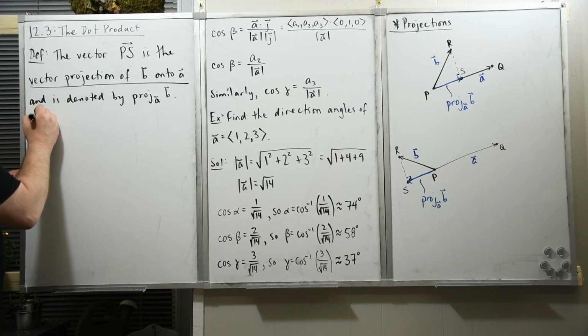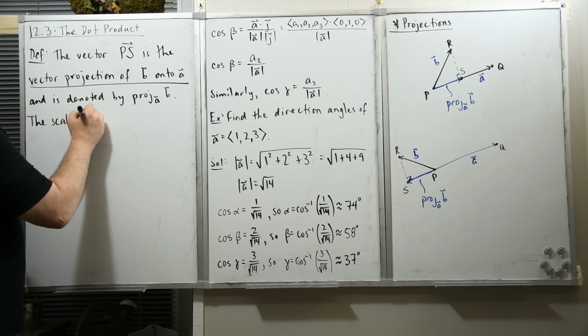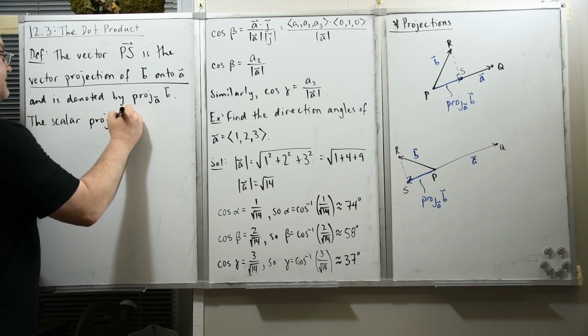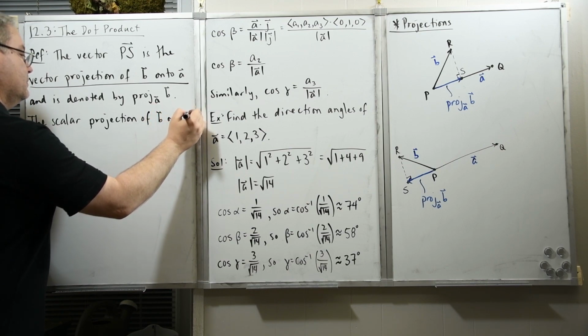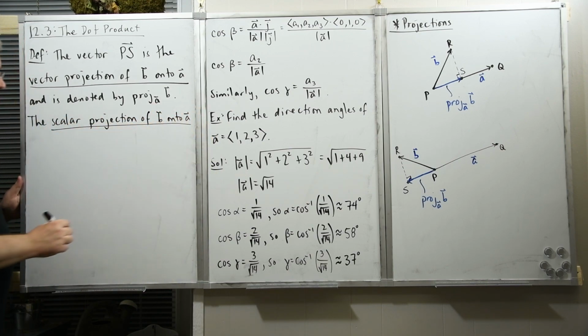Now, we also have something called the scalar projection of B onto A. And the scalar projection of B onto A is the signed magnitude of the vector projection.